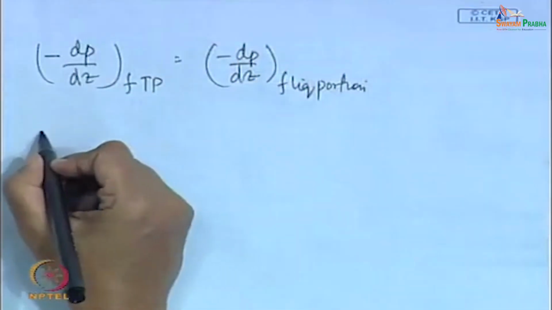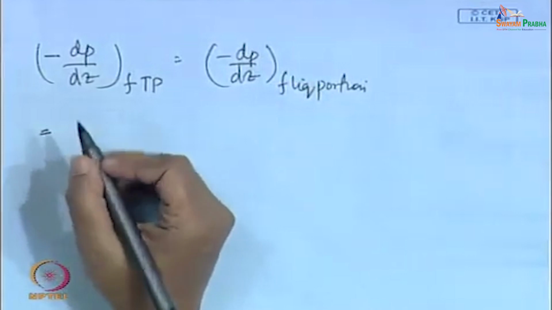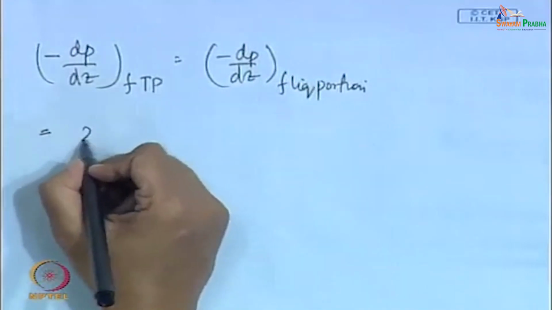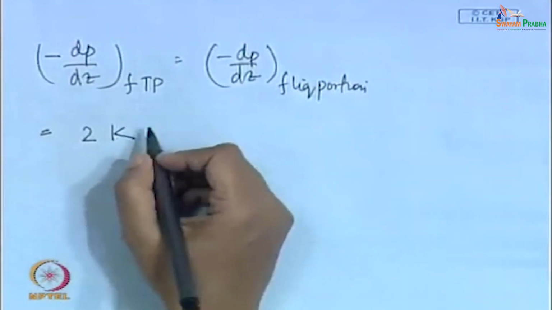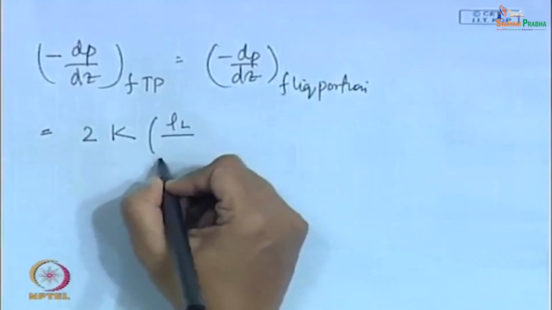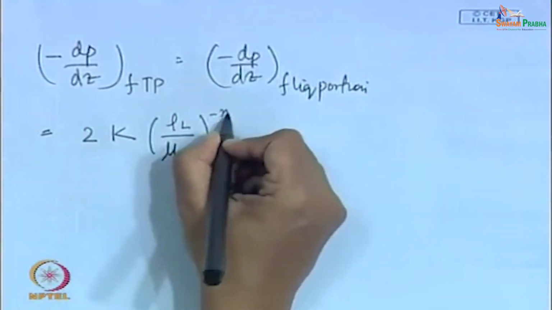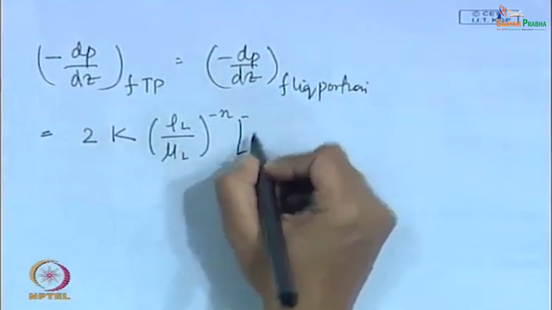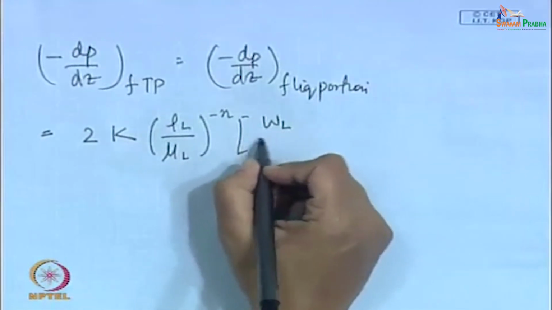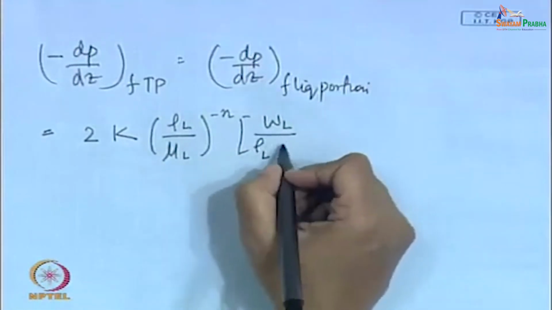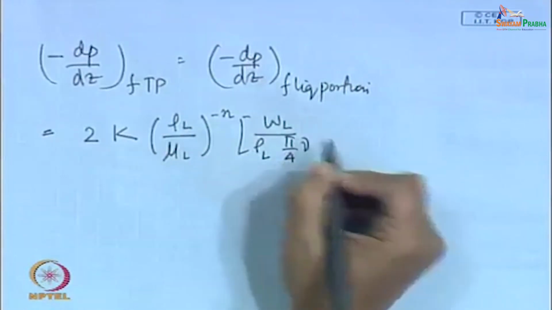Fine. So, if we substitute that, then what do we get? This is nothing but equal to, you just substitute and then make all the necessary simplifications. The final thing which you are going to arrive at is something of this sort. Please do these derivations in your hostels, and in case you have any problems you can come back to me and ask me whether you have any doubts.